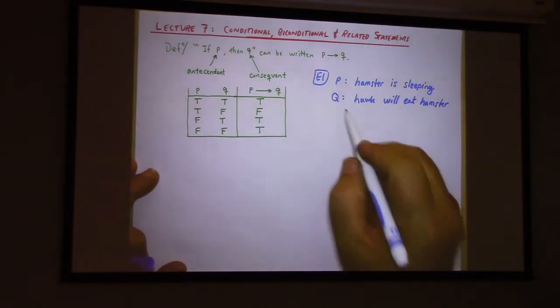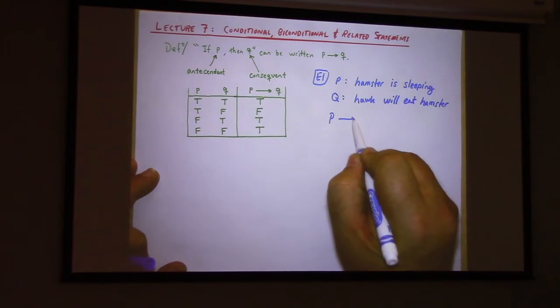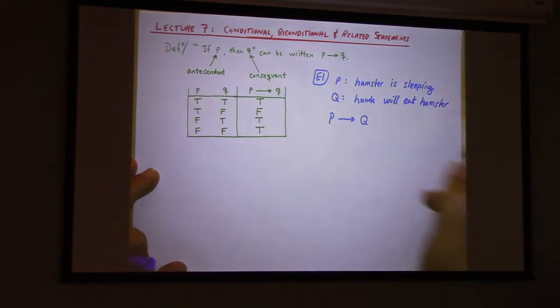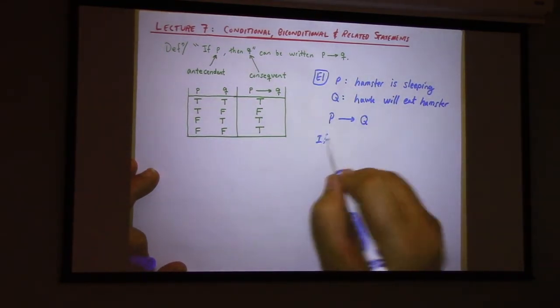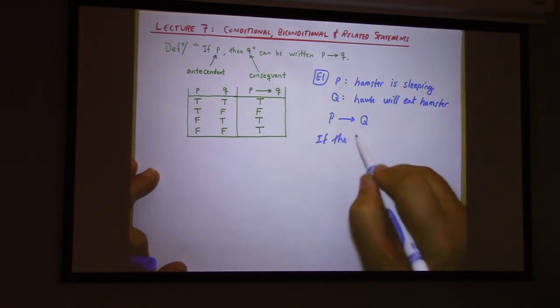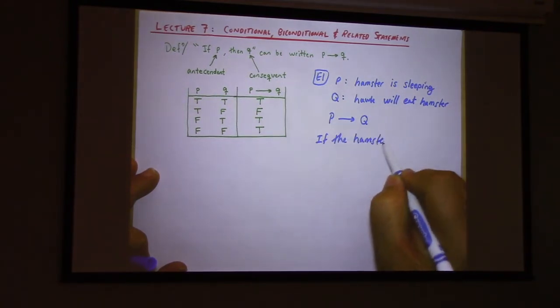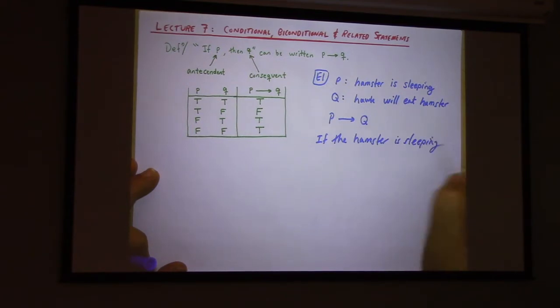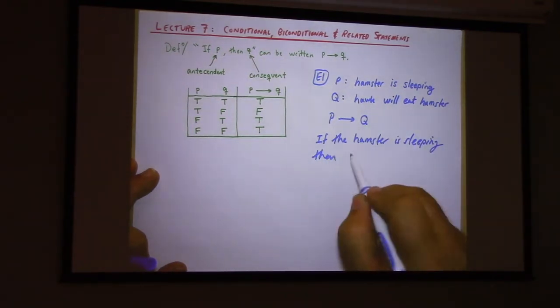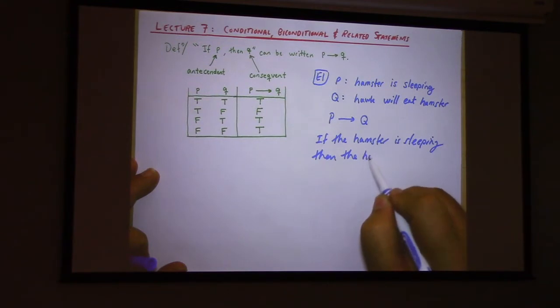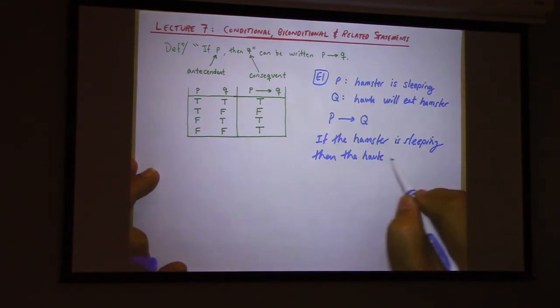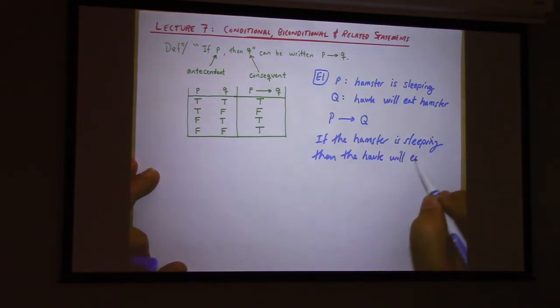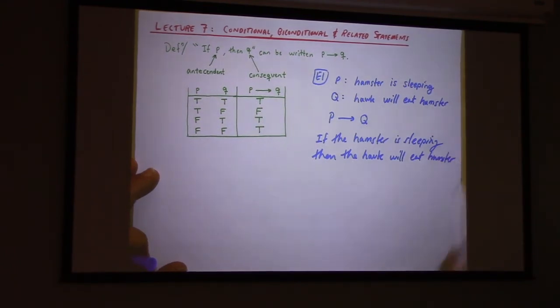If we say P implies Q, what sentence does that give us? If the hamster is sleeping, then the hawk will eat hamster. All right, so that would be the sentence.